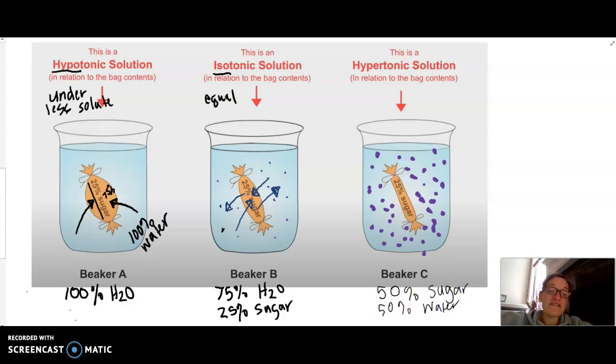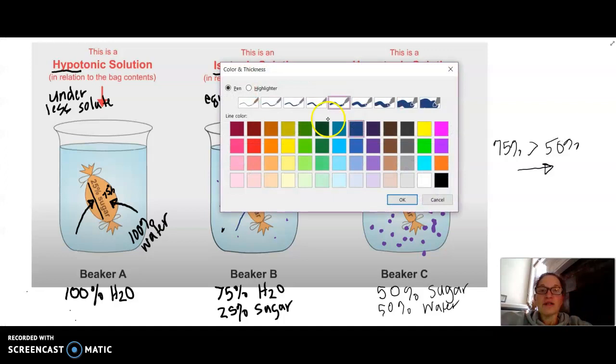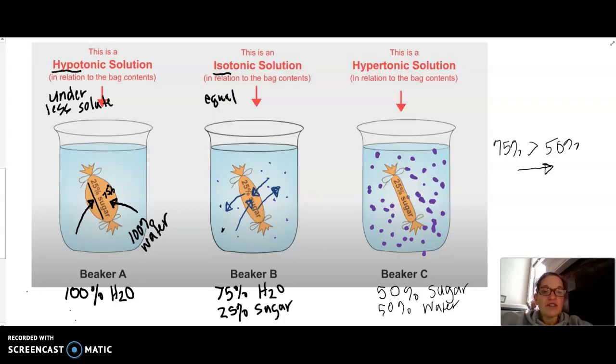Inside the baggie, there's 75% water. Water always moves from high to low, so 75% is greater than 50%. And so water will move from 75 to the 50%. And if we look at that then, we would realize that water is going to move out in order to dilute that really hypertonic solution.